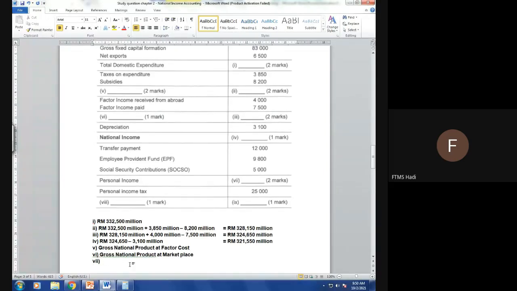321,550 plus 12,000 million. This one in million. Plus 9,800 million, minus this one, and then minus another 5,000 million.